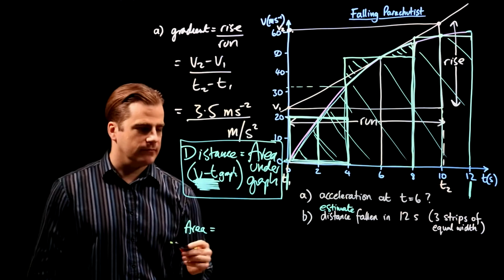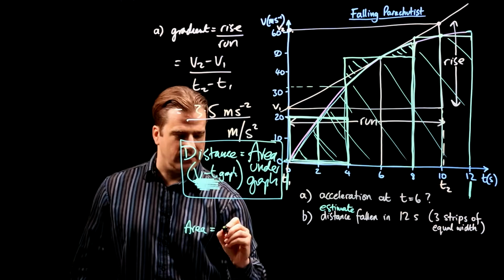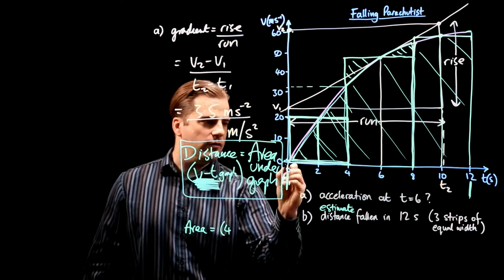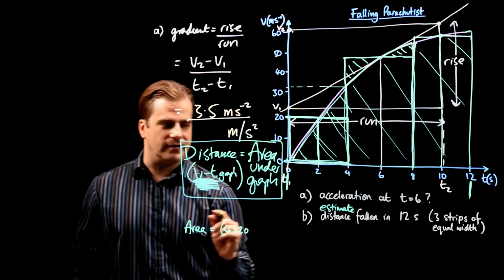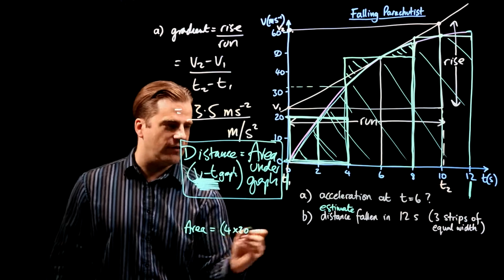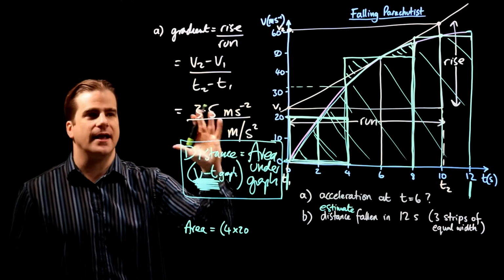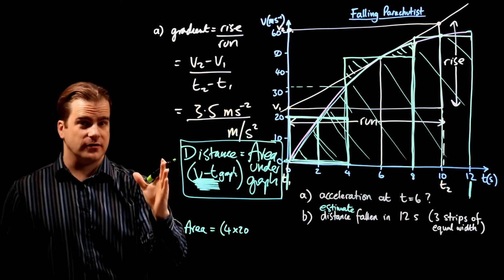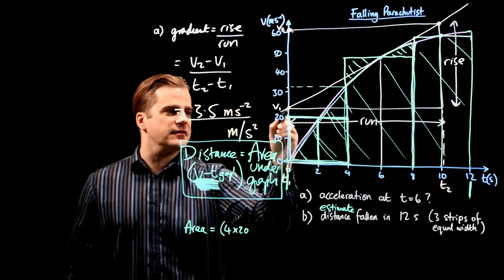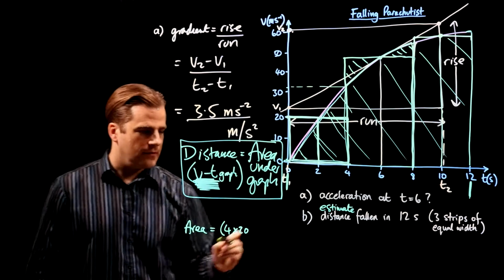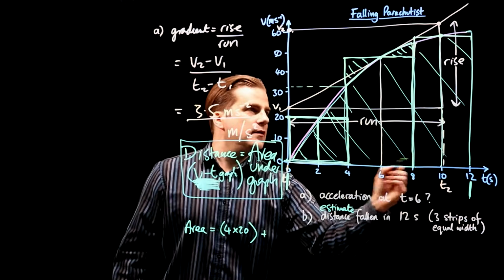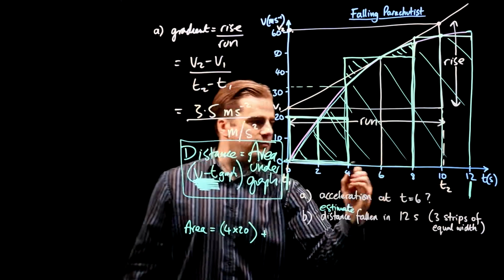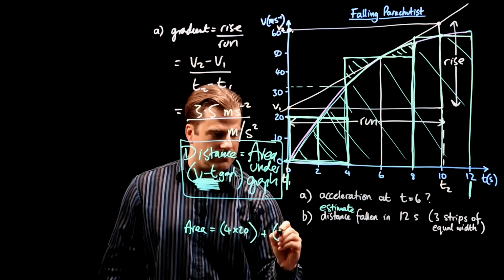So the first one, area is width times height. Width is 4 seconds. Height on mine is 20. I'm going to use the values that just happen to have fallen on mine. Again, it's hand drawn, yours is going to be different on the graph paper, slightly different somewhere. So, plus this second box, width from 4 to 8 is 4.